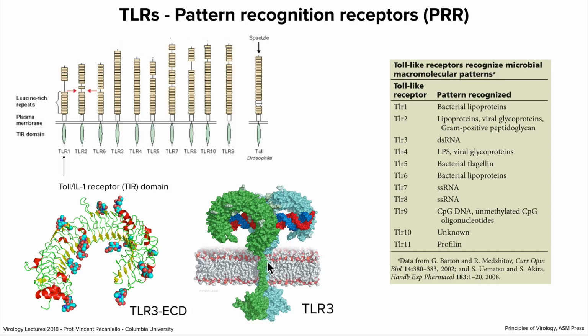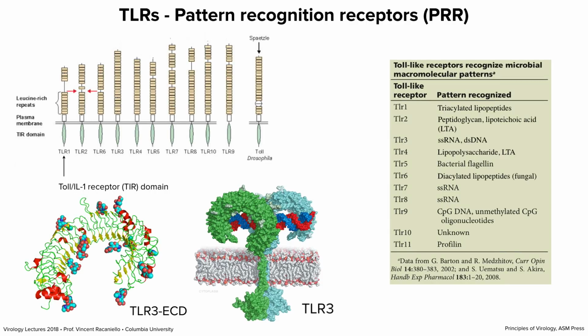Transmembrane domain here, and a cytosolic domain as well. The cytosolic domain is shown in the diagram at the upper left as well. That's very important. It is involved in signaling. It's called the TIR domain, or the toll IL-1 receptor domain. On the right in this table are summaries of the toll-like receptors that have been discovered and what they recognize, microbial macromolecular patterns.